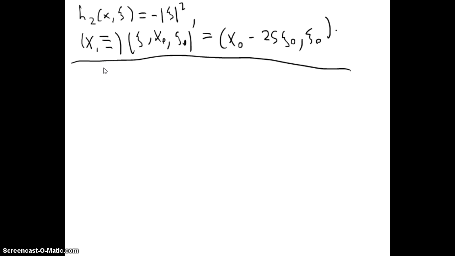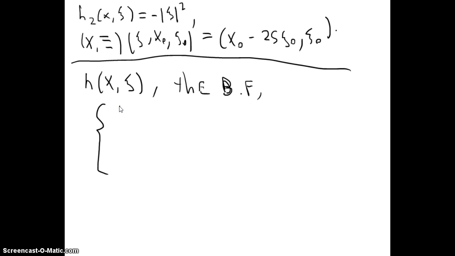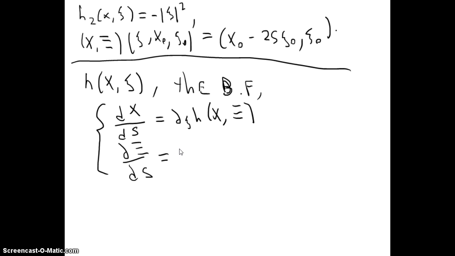for a general symbol h(x, xi), the bicharacteristic flow is defined as dx/ds equals the derivative in xi of h(x, xi), and d xi/ds equals minus the derivative in x of h(x, xi).